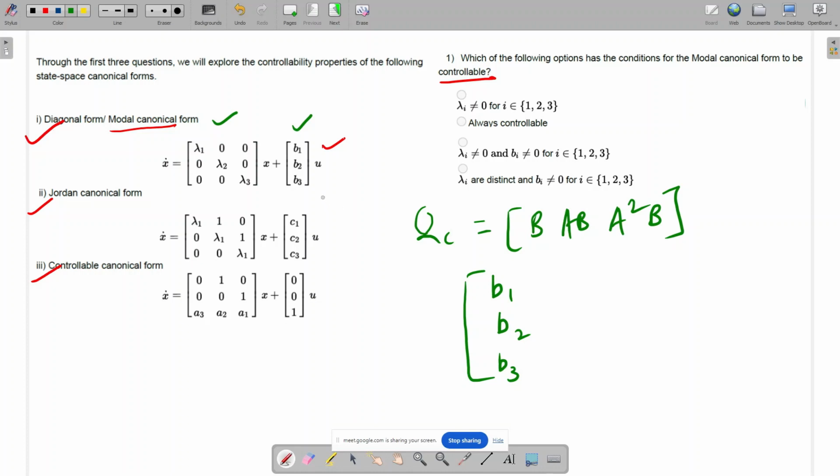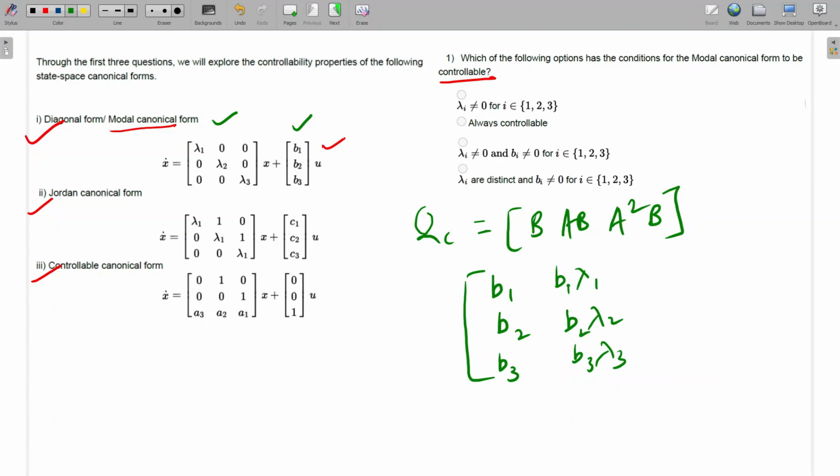The second will be AB. So AB will be B1 lambda 1, here B2 lambda 2, and third B3 lambda 3. So this is AB, and then A squared B.